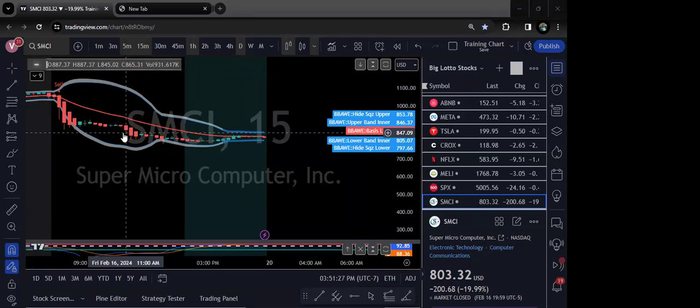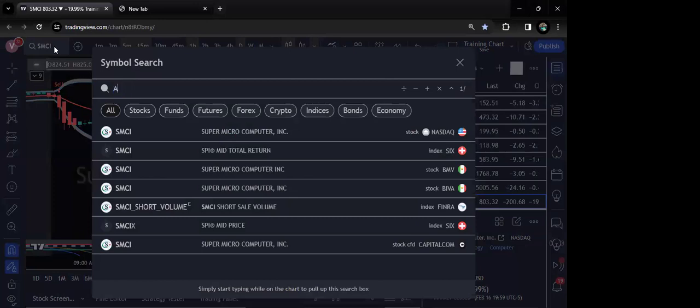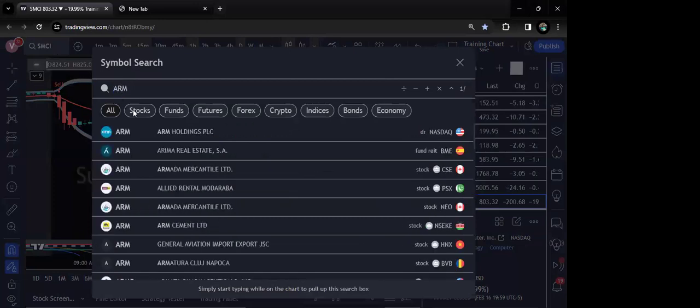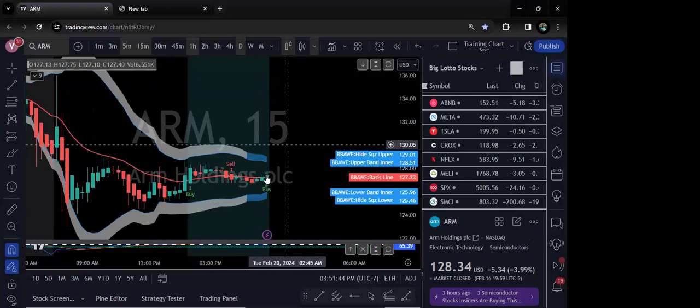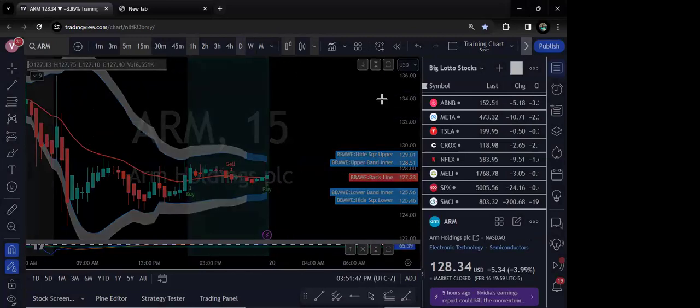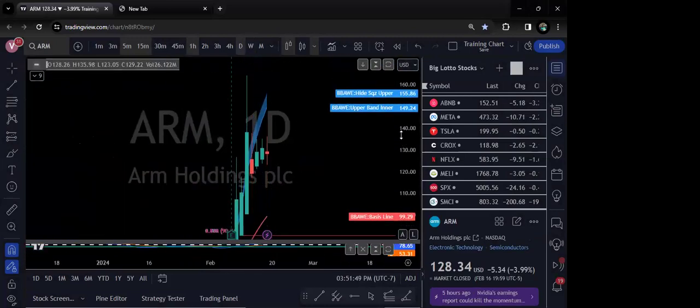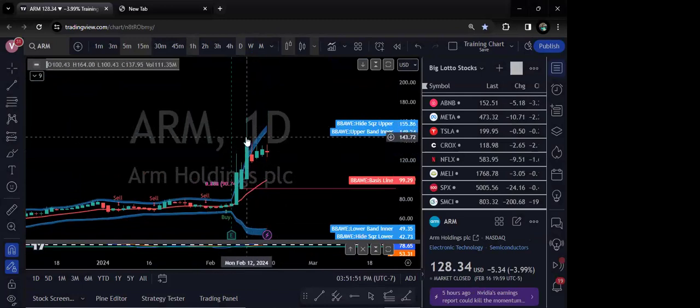So that's what I'm anticipating for NVIDIA, SMCI, all those semiconductor stocks, and also ARM. ARM has this indication, this wide range candle.